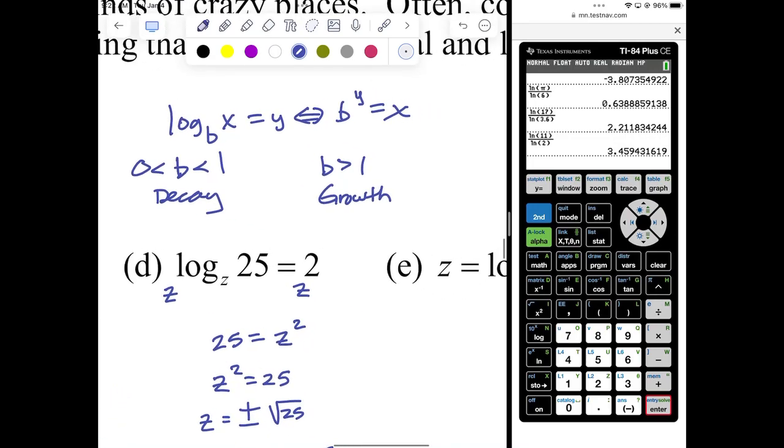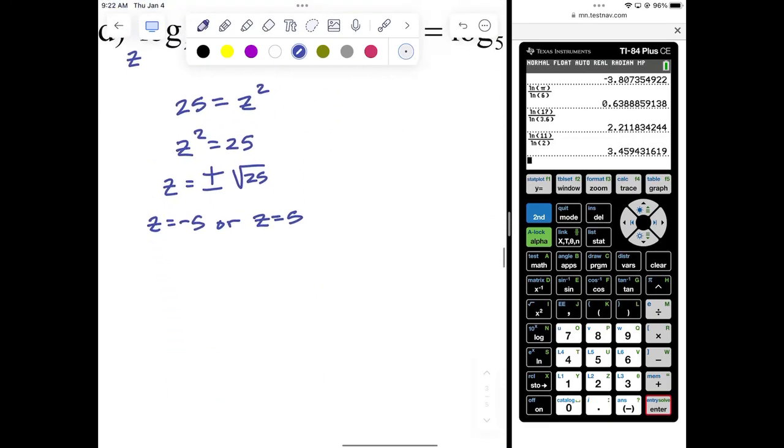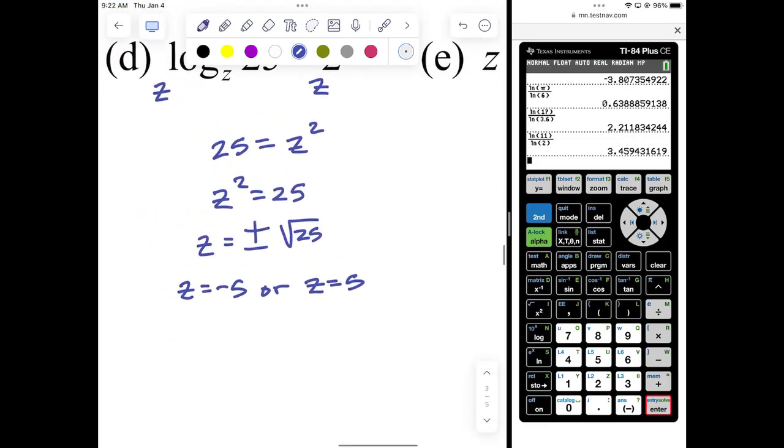So our bases for logs are the same bases for exponentials. We can't have a base of 1, we can't have a base of 0, and we can't have a negative base. They don't work. So why does the negative 5 not work? Because it's less than 0. It's negative, right? So all you got to do is put an x through it, and then I know you've considered both of them.